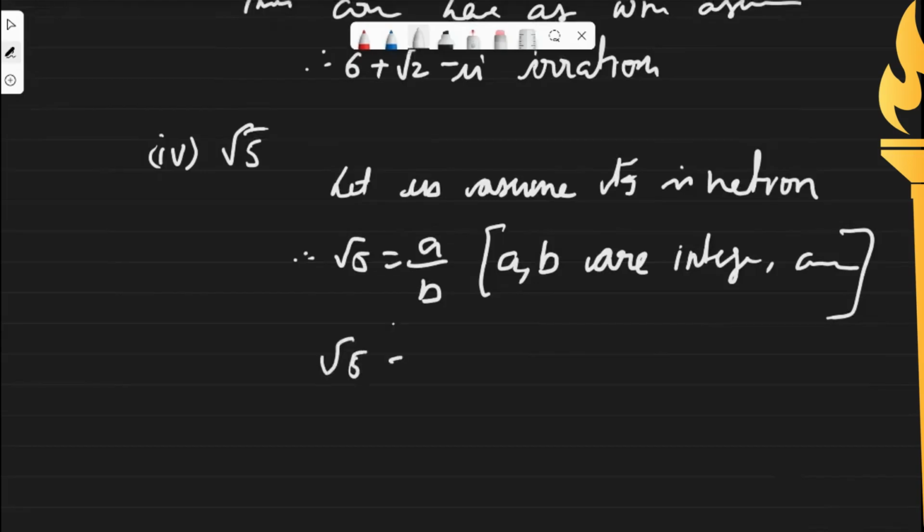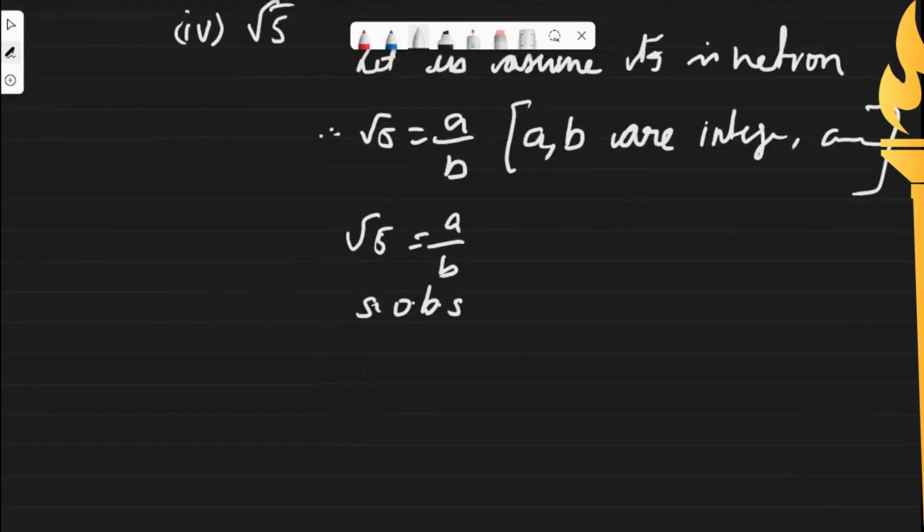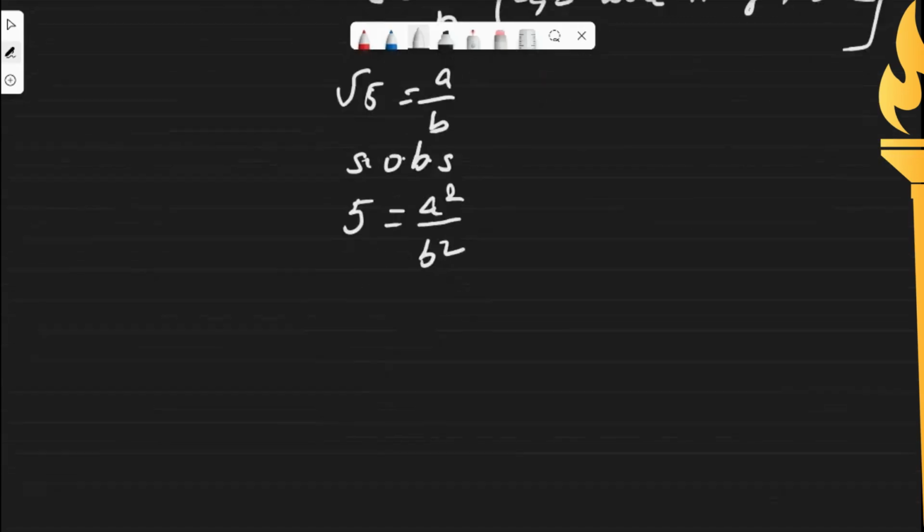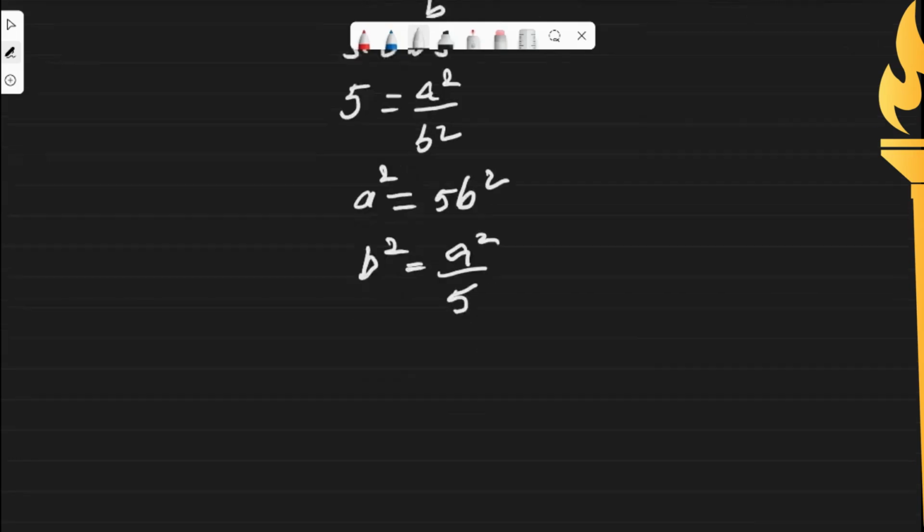Next, root 5 equal to a by b, squaring on both sides, we get 5 equal to a square by b square, which is a square equal to 5b square, or b square equal to a square by 5.